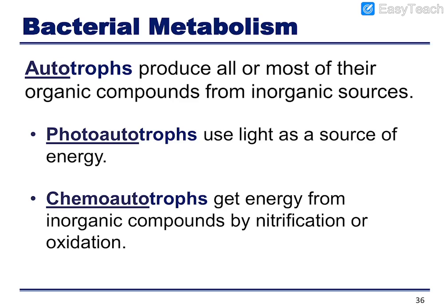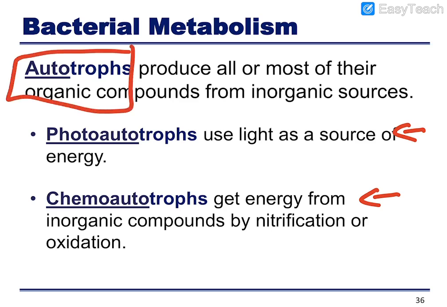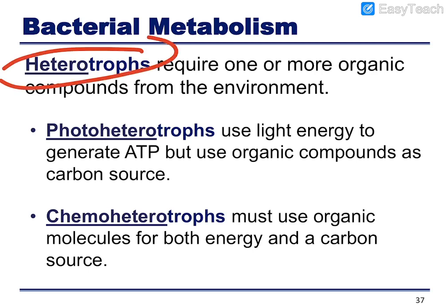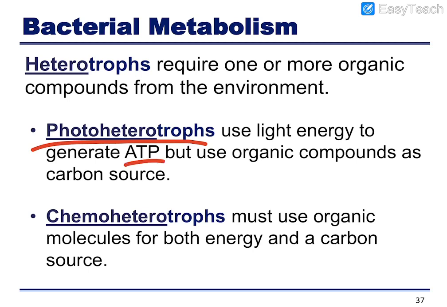Now, chemoautotrophs get their energy from inorganic compounds by nitrification or oxidation. So basically, chemoautotrophs make their own energy by synthesizing nitrogen and oxygen. And remember, both photoautotrophs and chemoautotrophs are types of autotrophs, which means they make their own energy. Now, heterotrophs require one or more organic compounds from their environment.